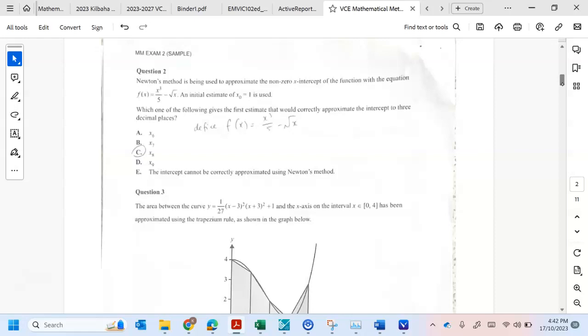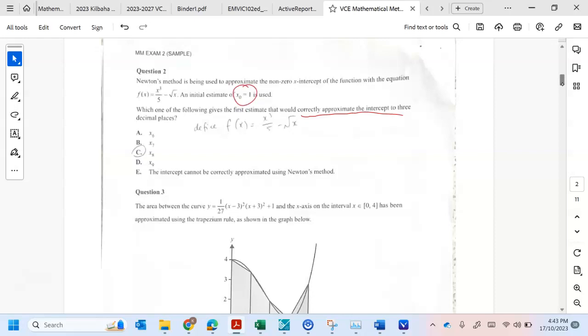All right, question number 2, we've got a Newton's method of approximation. This is a different type of question that we've not really seen before, and I'll show you in a sec how to do it on your calculator. I should read the question: Newton's method is being used to approximate the non-zero x-intercept of the function with the equation blah blah blah with an initial estimate of x naught equals 1.